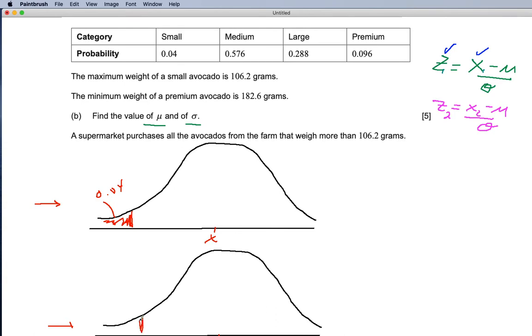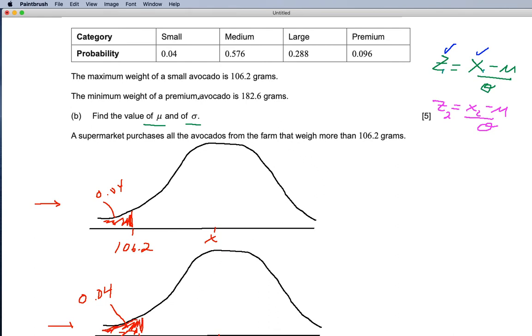And what I'm going to do is draw the exact same amount here, and that's going to be 0.04. Now, the x value that gives me that is 106.2. And there's going to be a z value that gives me the exact same thing.